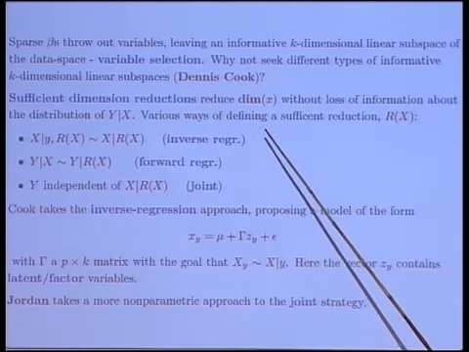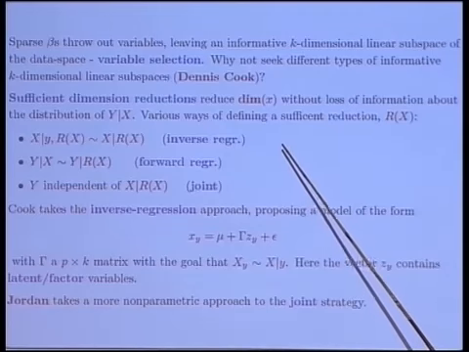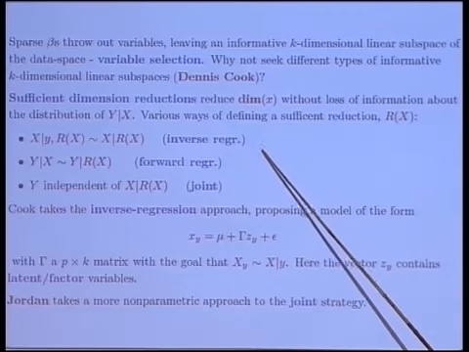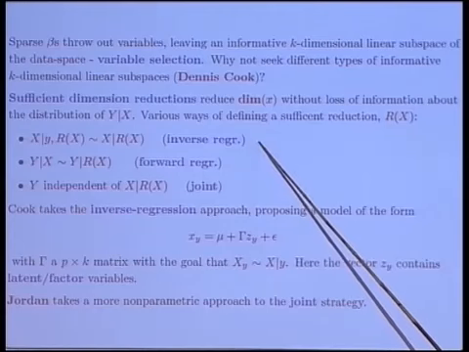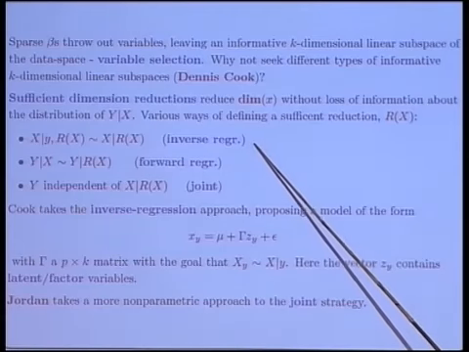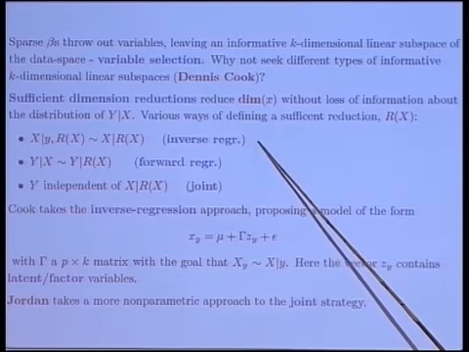Well, there are various ways of defining such a sufficient reduction, and the one that he concentrates on is defined in terms of the inverse regression problem, not the regression of y on x, but of x on y.